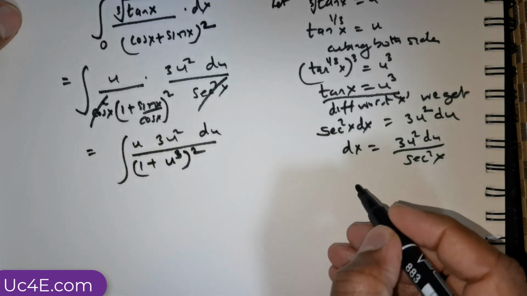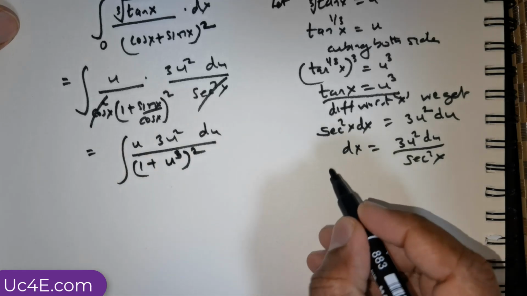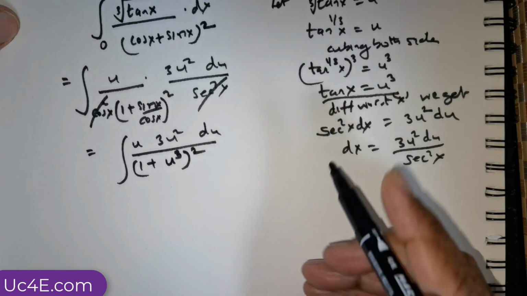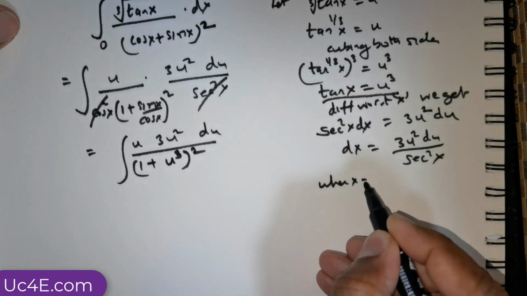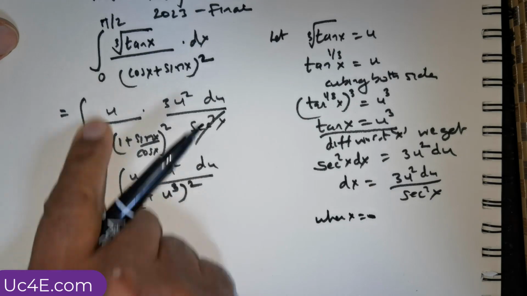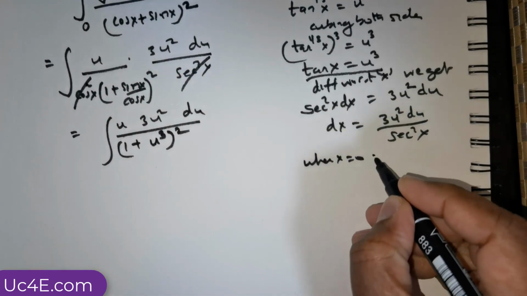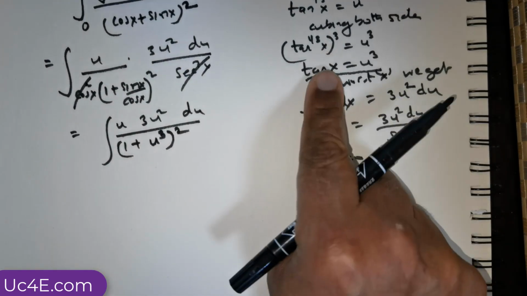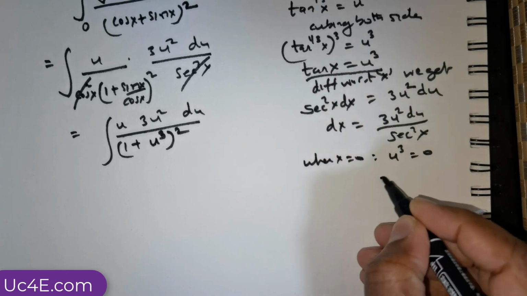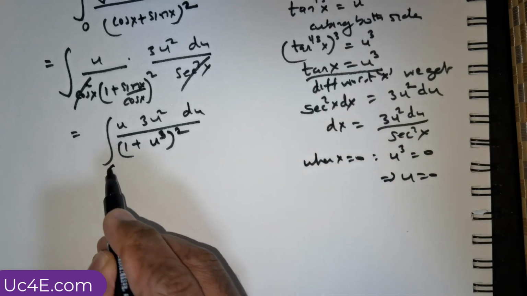Now let me place the limits. When x is equal to 0, the lower limit is 0, so u is equal to 0.